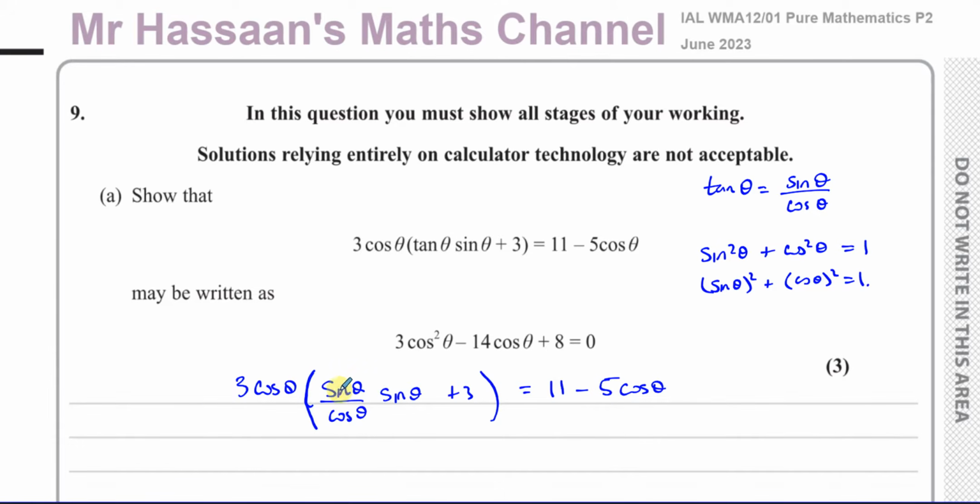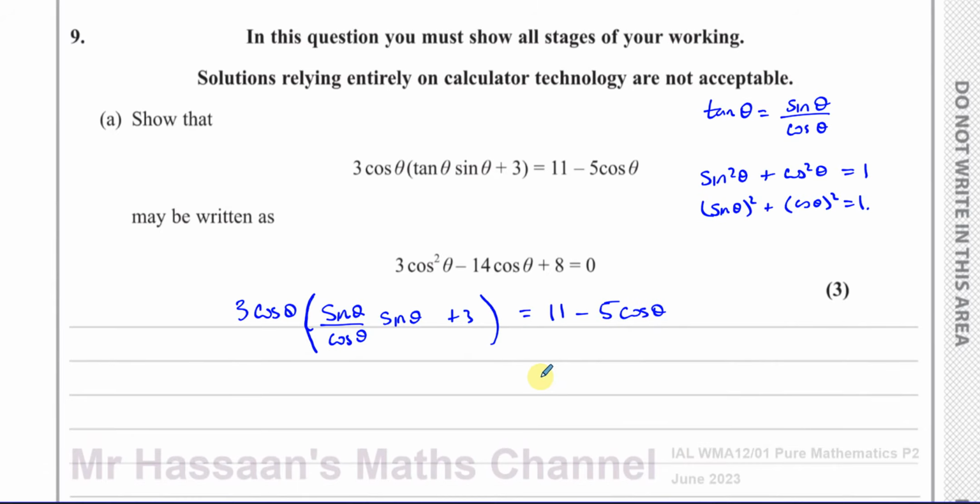So now before I actually expand it, I can write this as 3 cosine theta times, and this is going to be sine squared theta over cosine theta plus 3, equals 11 minus 5 cosine theta.